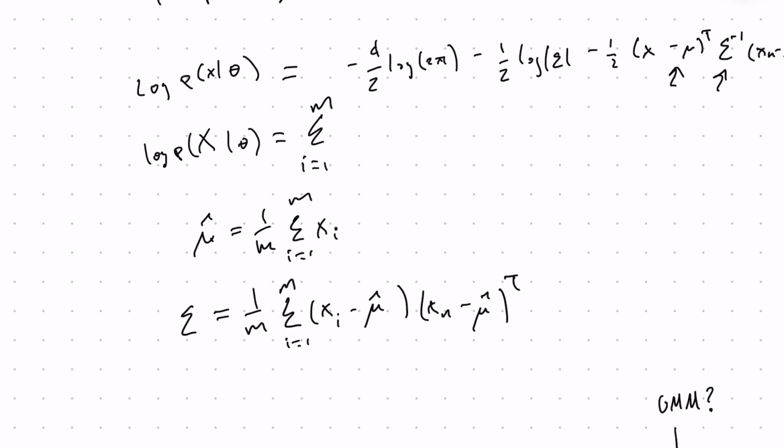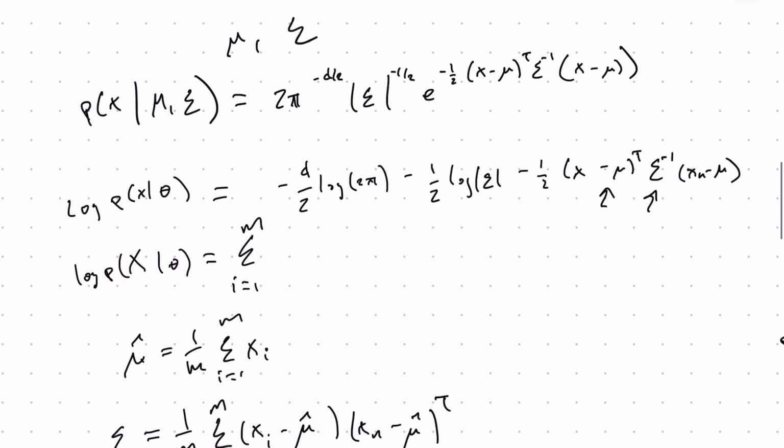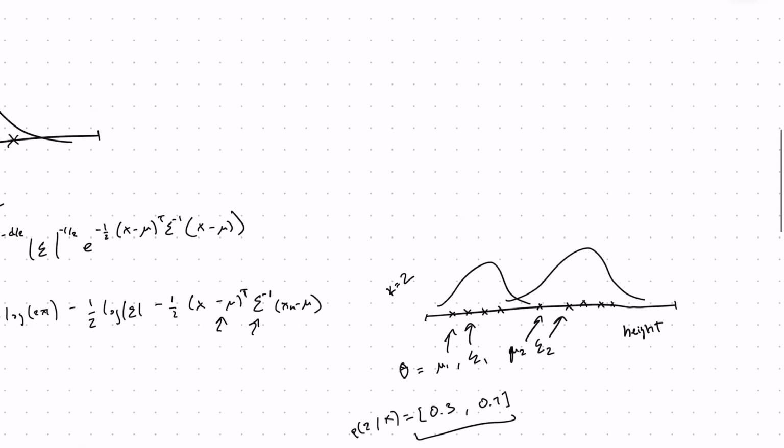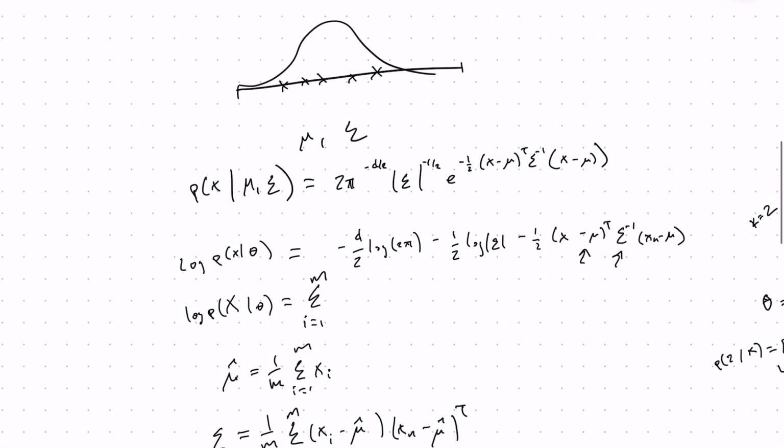Okay, perfect. So that is the MLE solution for just one Gaussian. So if k equals 1, this is actually the easier way to do it. And what this is saying is, given a data set, what are the best parameters for a Gaussian we can have?